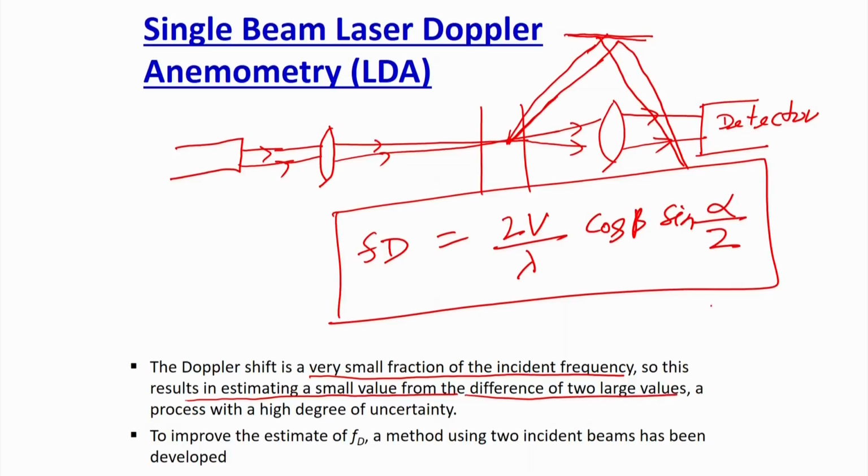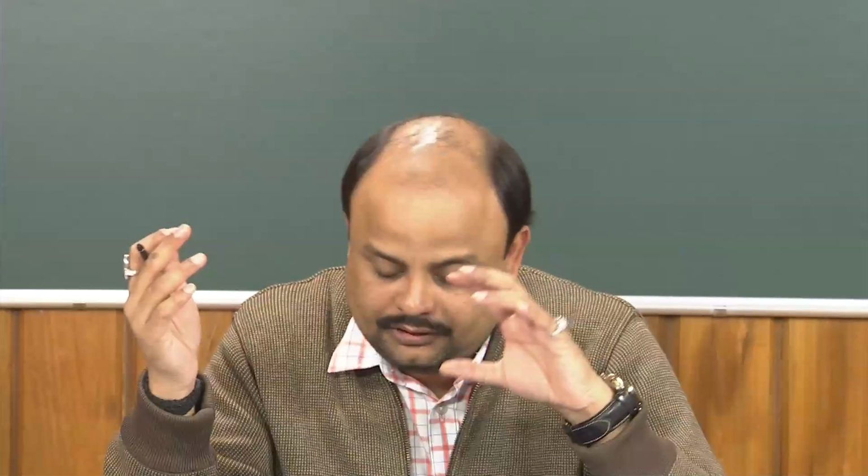So, what are we measuring? We are measuring the Fi, which is the incident, then we are measuring the Fs, whatever is the scattered. Okay. And from the difference Fs minus Fi, we are calculating the Fd. Fd value is definitely going to be very small, but the value of Fi is going to be very high, and the Fs value is also considerably high.